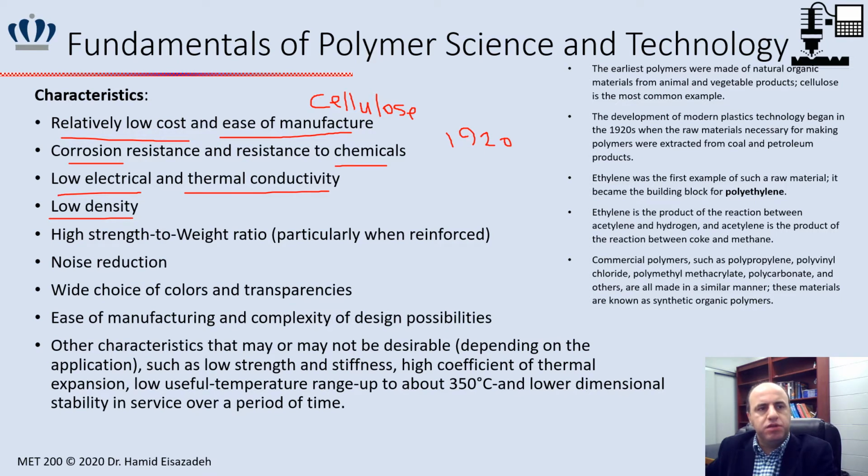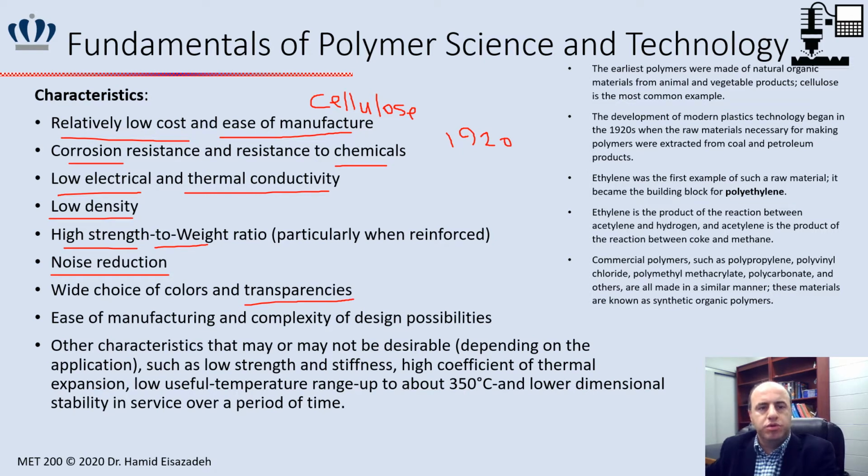They have a high strength to weight ratio, especially when you reinforce them. When you mix them with other materials, this ratio goes up. They have good capability in terms of noise reduction, and you can make different colors, and also you can make polymers with transparency.